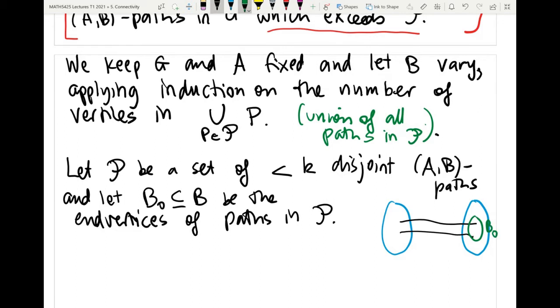What do we know from the fact that the number of paths is strictly less than K? What does that tell us about the set B naught? It has strictly less than K vertices in it. And what does that tell us, given the definition of K? How did we choose K in the start?